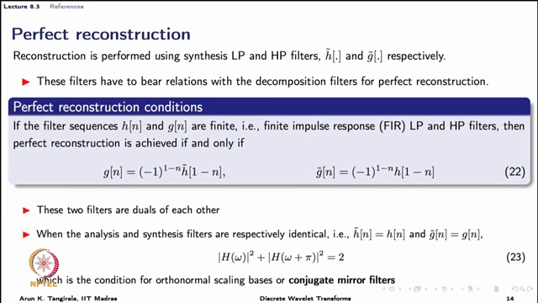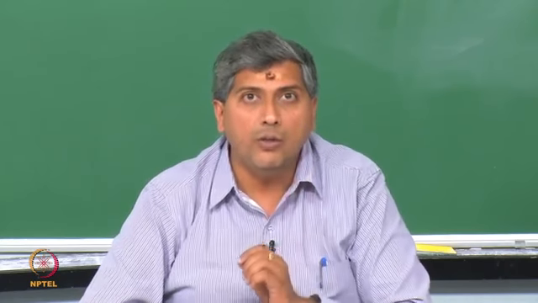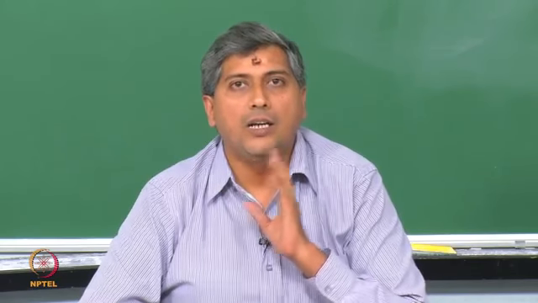So, now I do not have H tilde and G tilde and H and G separately. The same H and G that I use for analysis will be used for synthesis as well. If I do that, what condition should the filter satisfy?